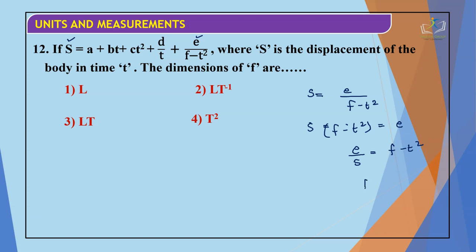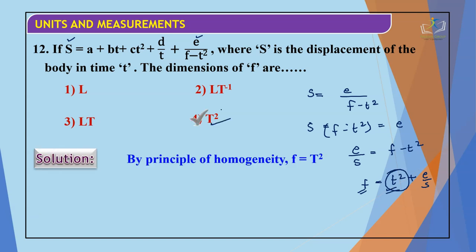Or we can say F is equal to T square plus E by S. So the unit of F is actually T square. Okay, I hope you understand. Here is a little trick which you have to do. You take this term and this complete term and try to resolve each and every term, and you get the final answer easily.